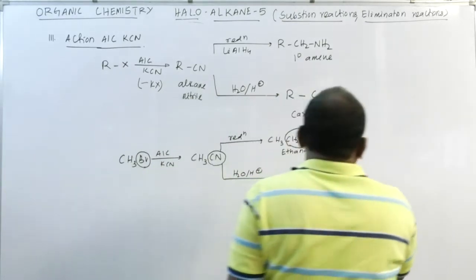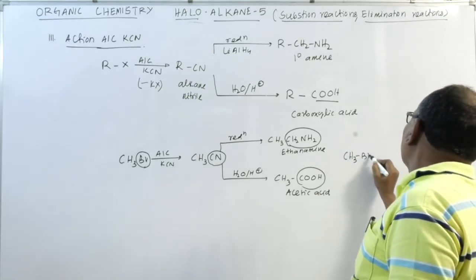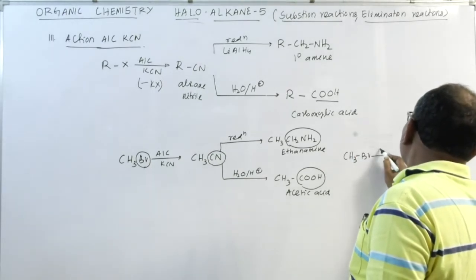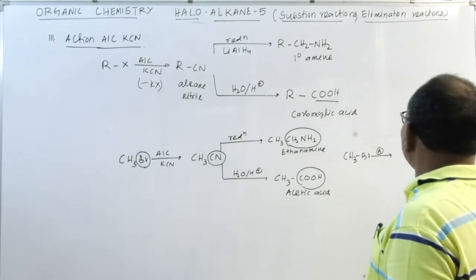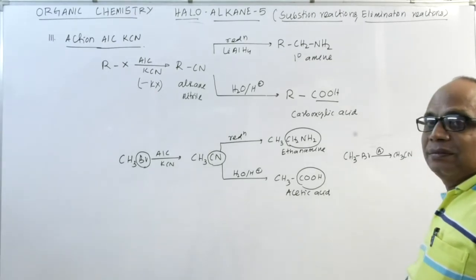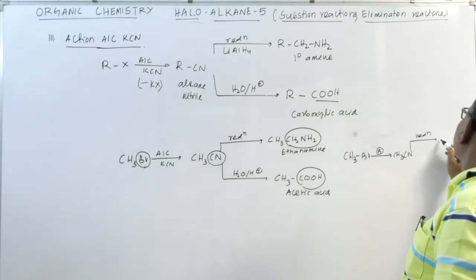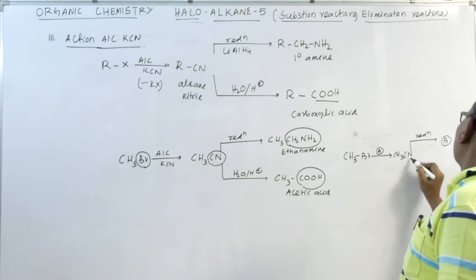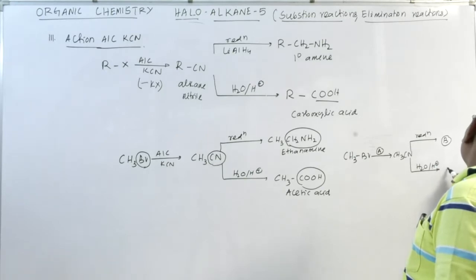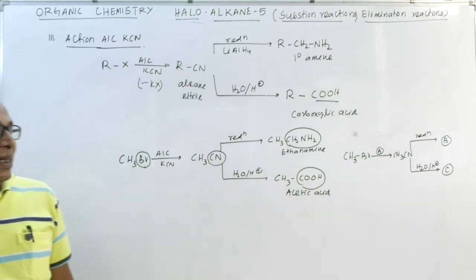Suppose I write CH3Br treated with reagent A, it gives CH3CN, and this on reduction gives B, and on hydrolysis gives you C. Can you identify what is A, what is B, what is C?